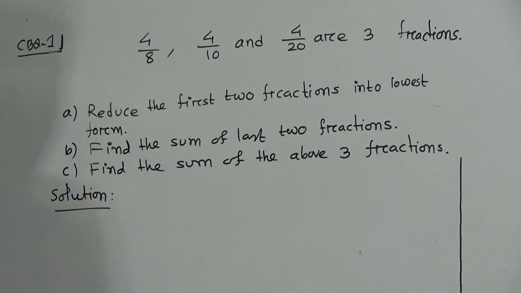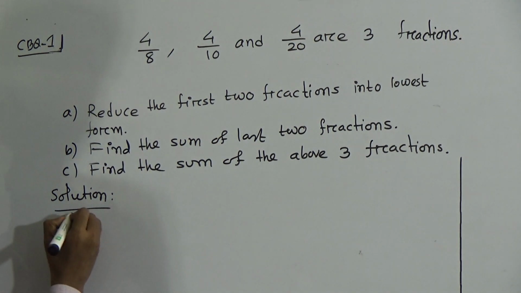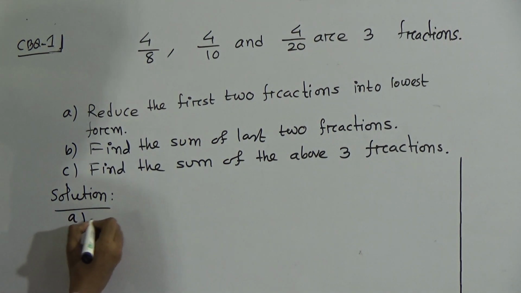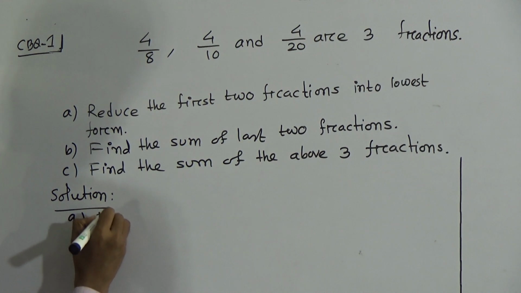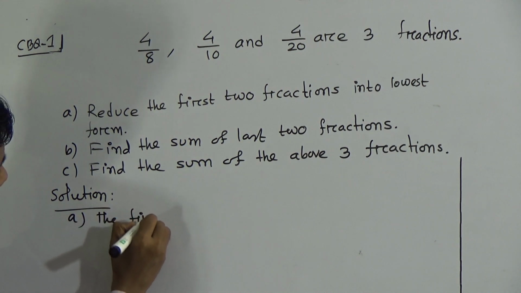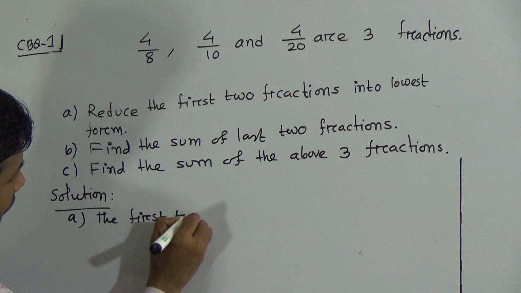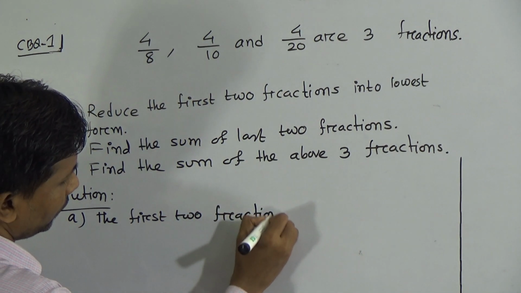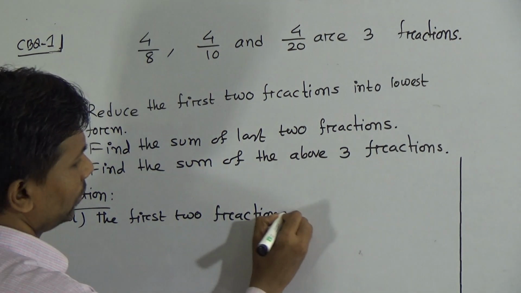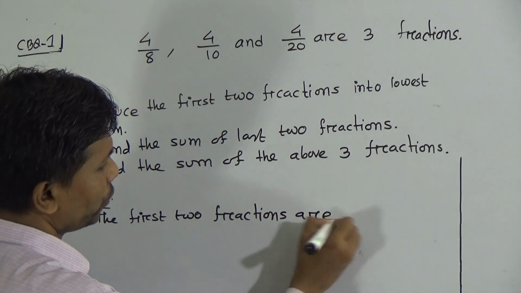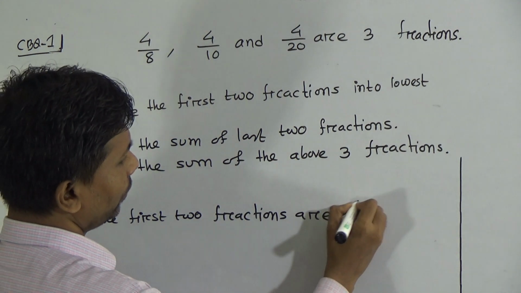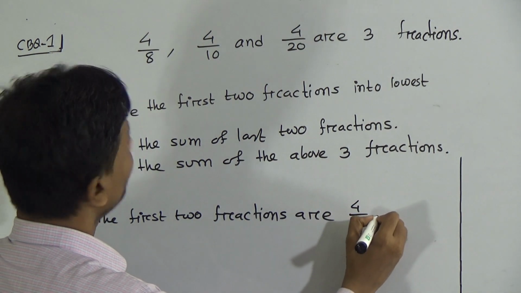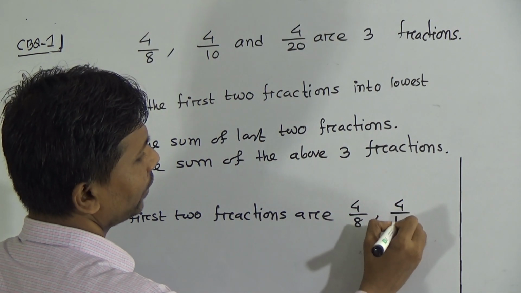Look, reduce the first two fractions into the lowest form. That means write at first A number, the first two fractions are 4 by 8, 4 by 10.